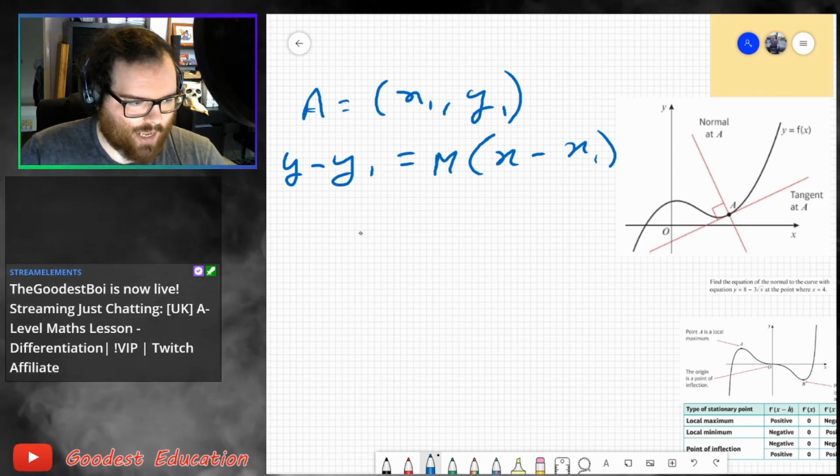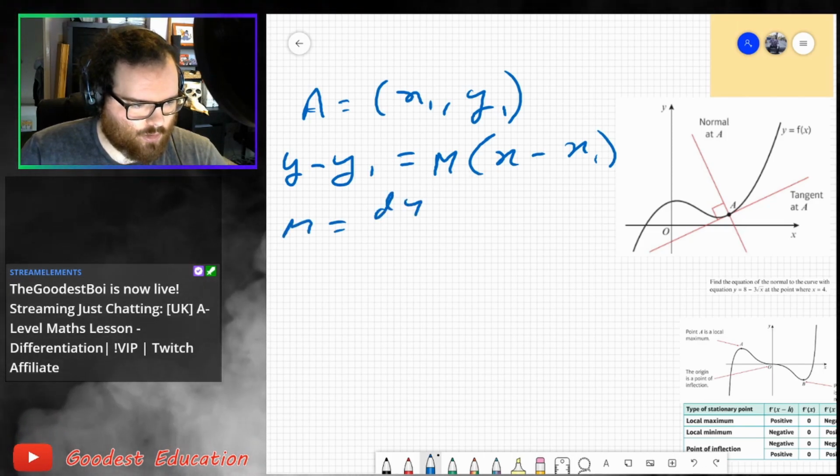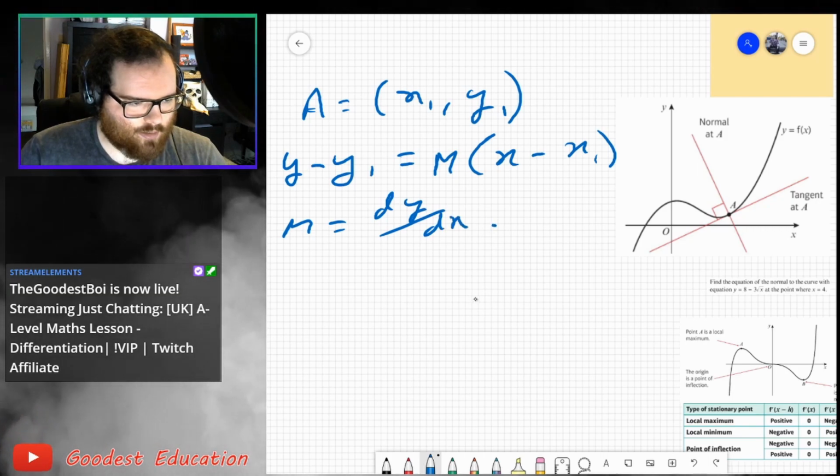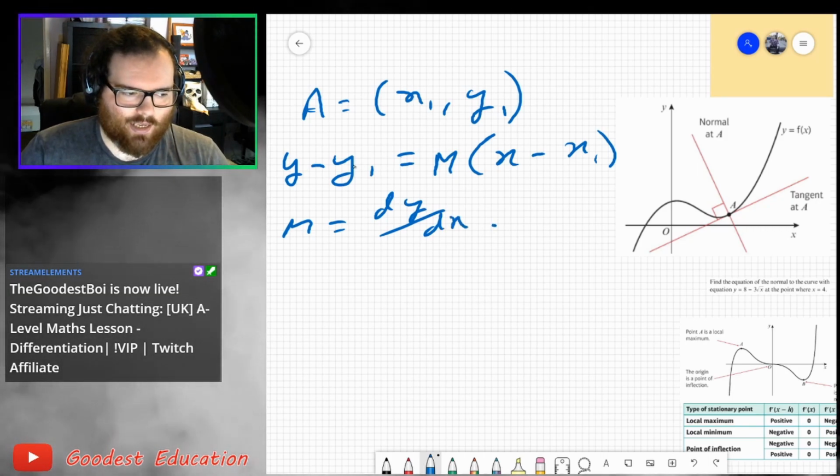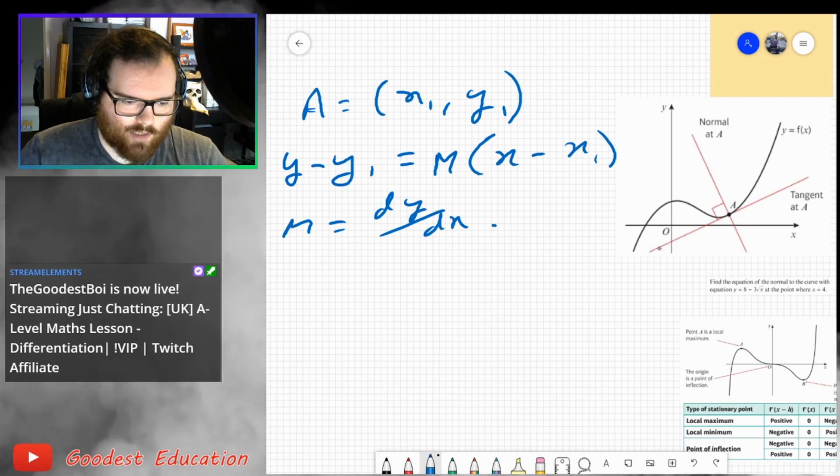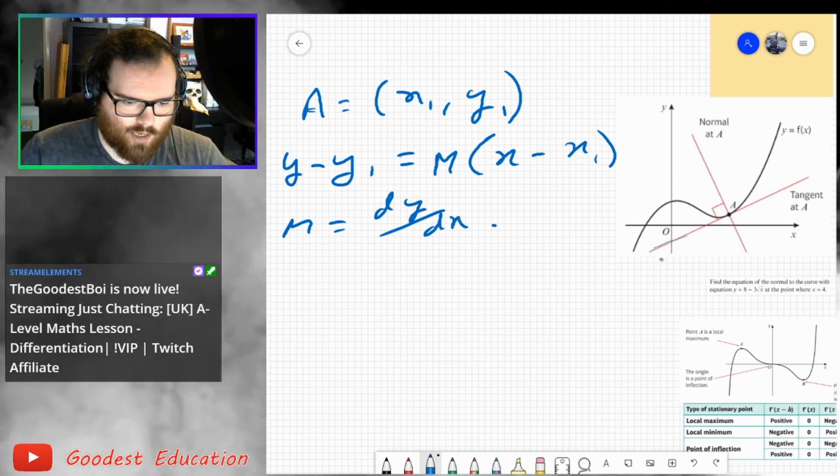And you can replace that m, so m is equal to dy/dx. Now, this is the equation of this red line here, going across here.